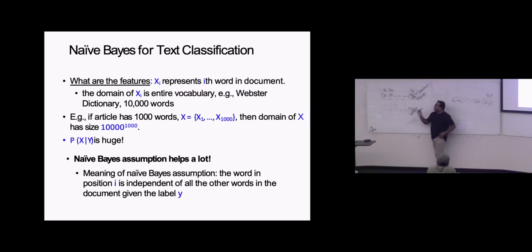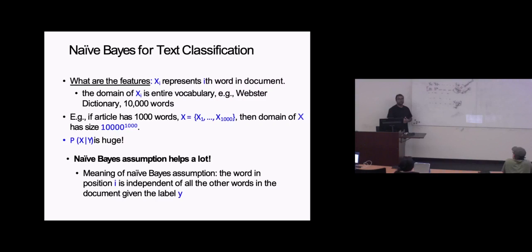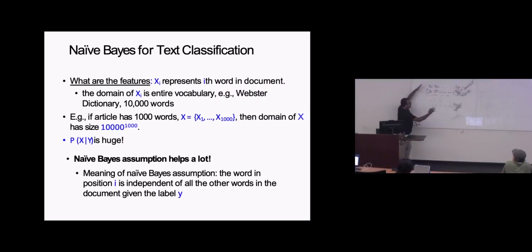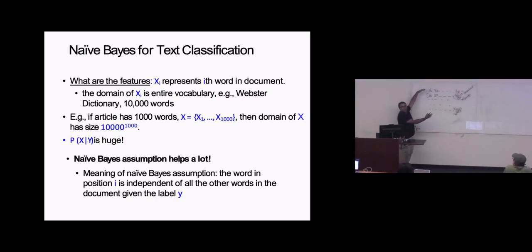Then why do we want to use such a dumb model? That's the question, right? Because if we don't use that, then think about how many parameters you need to estimate. Let's say our entire document is a single representation. Then how many probabilities do we need to estimate?